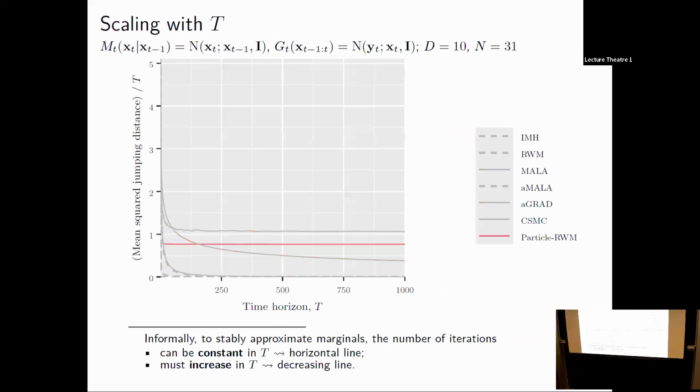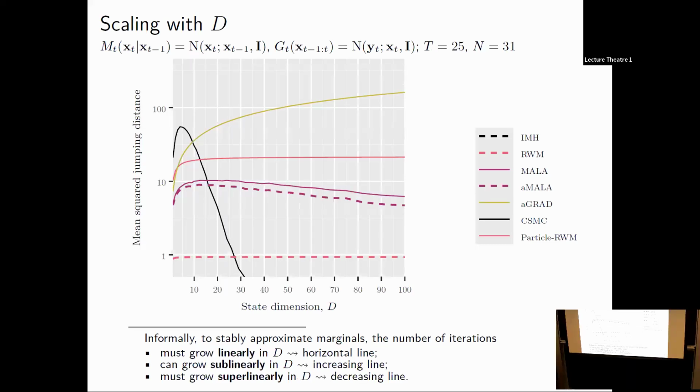And so, okay, let's again look at the scaling with the time horizon t. Everything still looks fine. Maybe not quite as good as the conditional SMC algorithm here, because maybe the dimension is not high enough. But now if we look at the scaling with the state dimension, where the conditional SMC algorithm, remember, crashed, now we get something that looks stable.